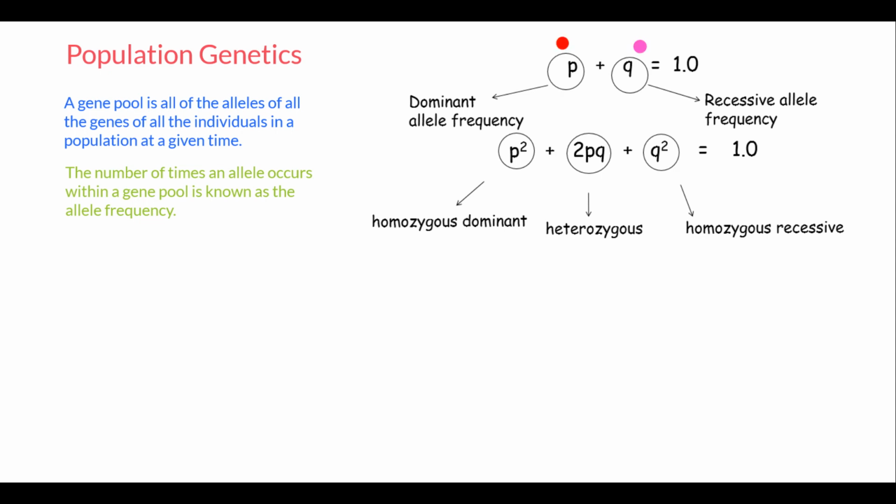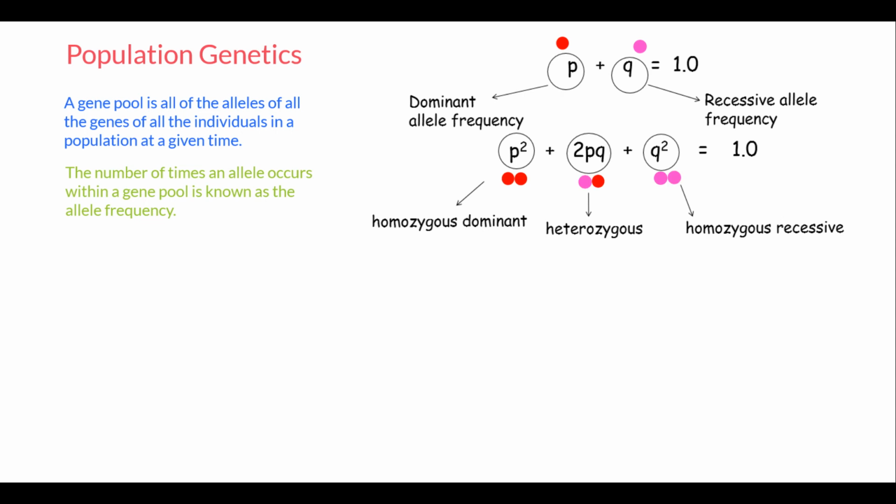So the red dot represents the dominant allele and the pink dot represents the recessive allele, and you can see there's only one of them there. It's not this idea that there has to be two present. When we're using the top equation, there can be a single allele present.